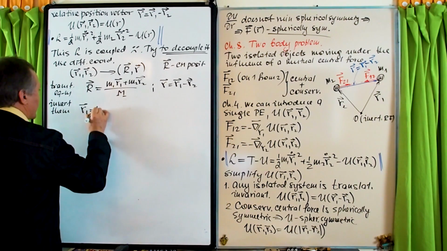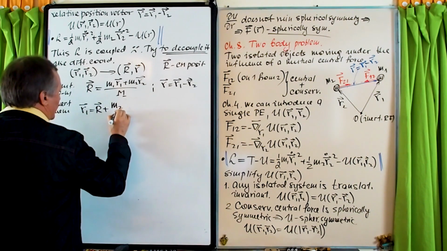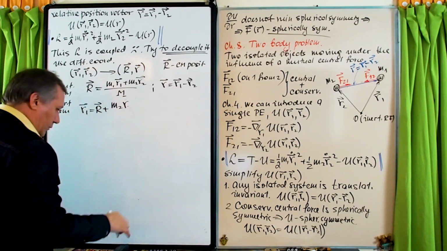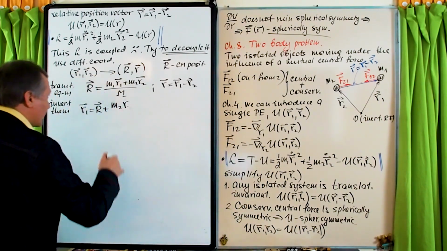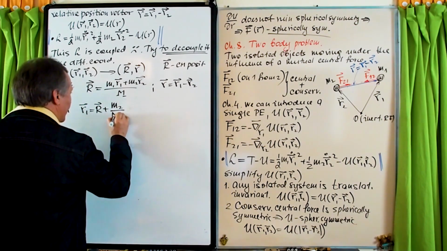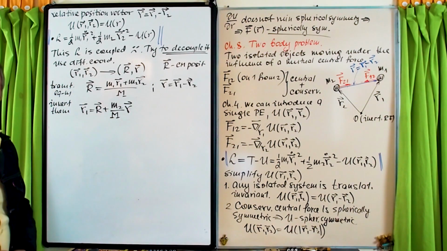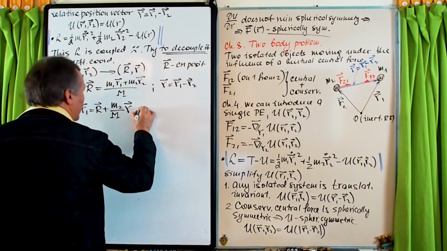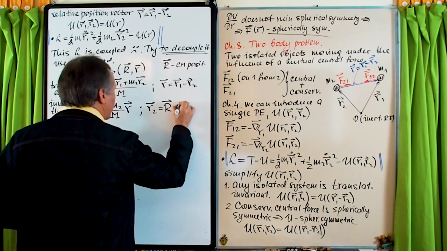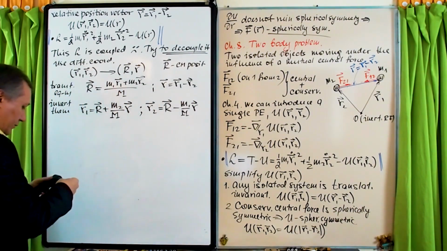So r1 equals R capital plus m2 r small divided by M. Yes, it's correct. And similarly for r2, we can write the position of the center of mass minus m1 divided by the total mass times r small, the relative position vector.